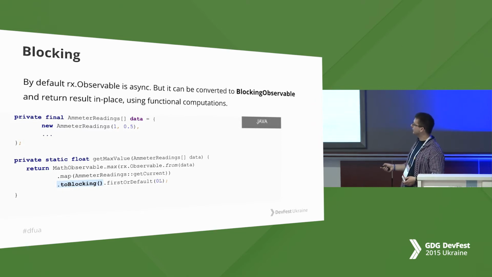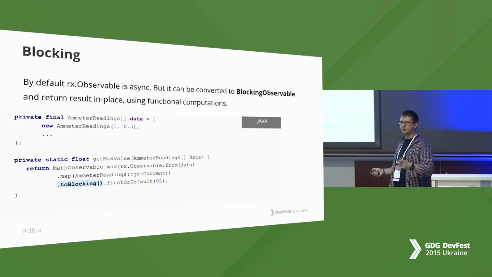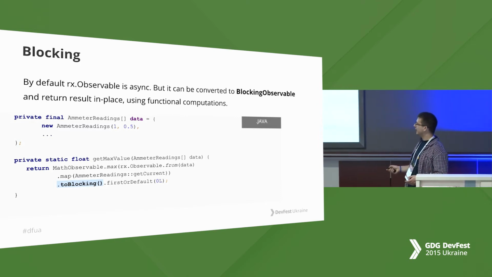But we can get one value from this collection using a functional reference. It's a feature of Java 8. We can give just one value of this tuple because map will convert it. Give this to the max observable. It will count the maximum for us in the functional style without loops, without for, and then just return it right here in place.